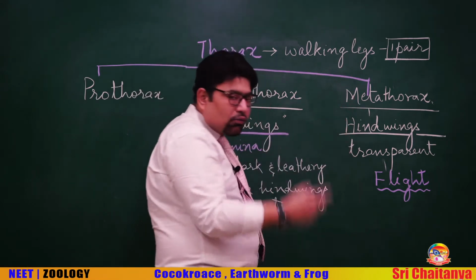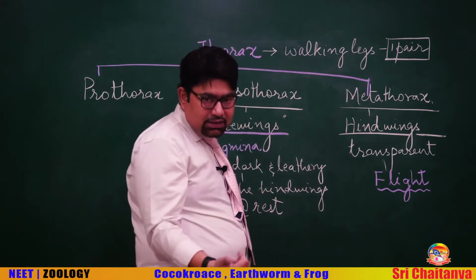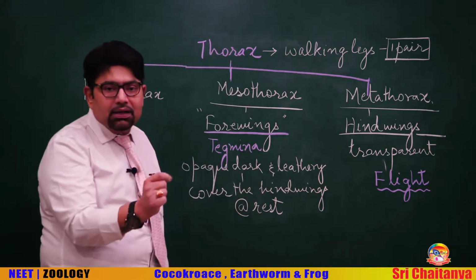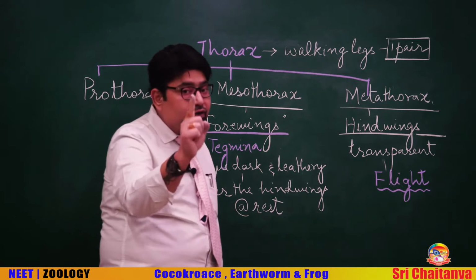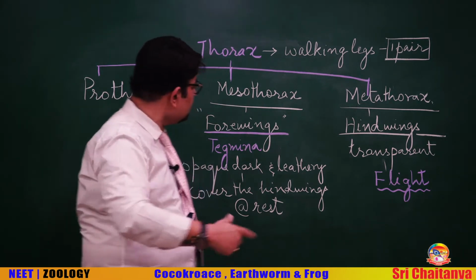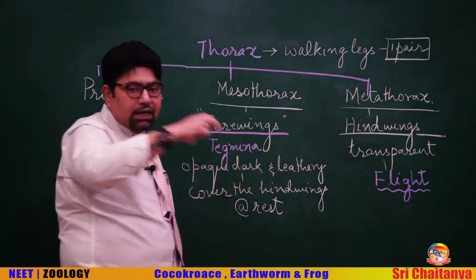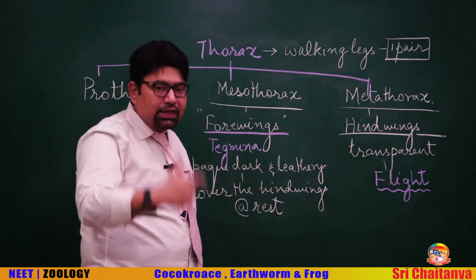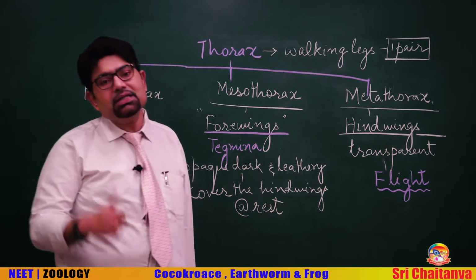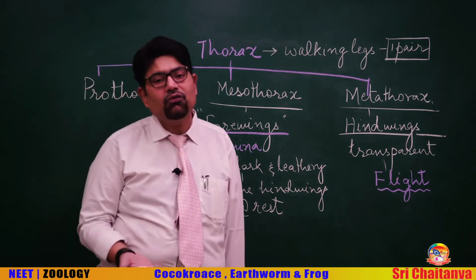Metathorax has one pair of hind wings, the second pair of wings. Hind wings are transparent, membranous and are used for flight. So, forewings are in the mesothorax and hind wings, which are used for flight, are in the metathorax, and tegmina is another name of the forewings.